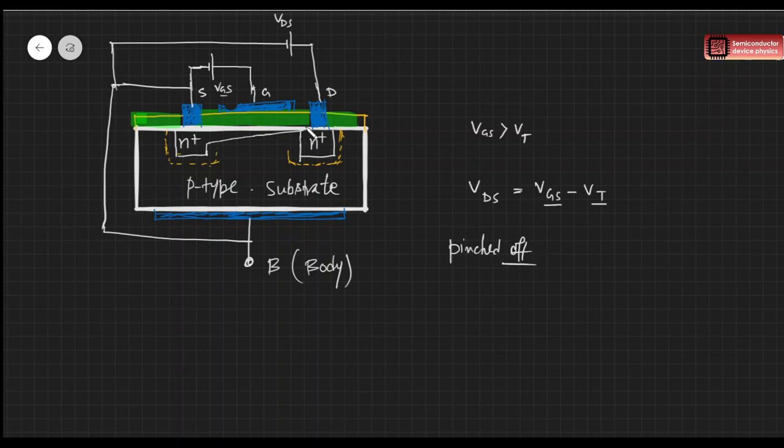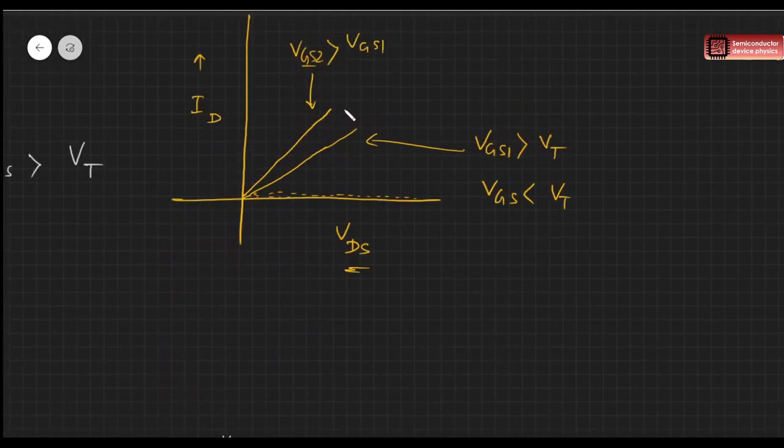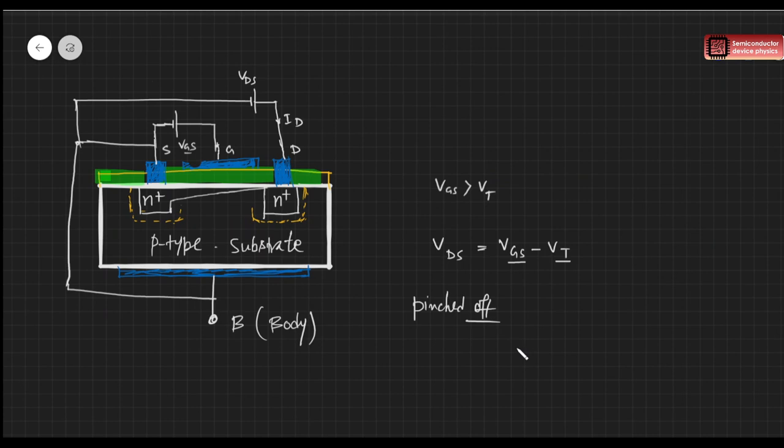So the current ID, which was increasing as we increased this VDS, was keeping on increasing. But after some time, as the channel width is decreasing, this current will not increase linearly. The slope will change, and when we reach this condition, VDS equal to VGS minus VT, the drain current will saturate.